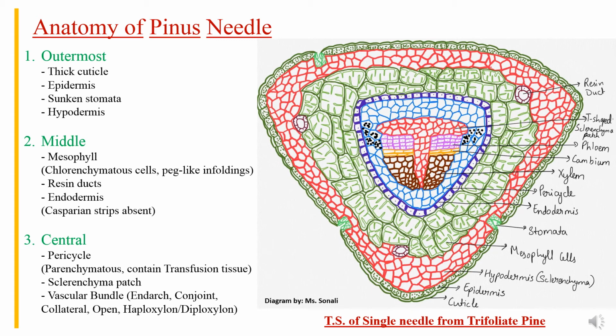And since there are two vascular bundles present in this diagram, it's a diploxylon condition. Phloem tissue will be present on the outer side and xylem is present on the inner side. The inner side here means the side which is facing towards the central axis of the spur, where more than one needle is present.